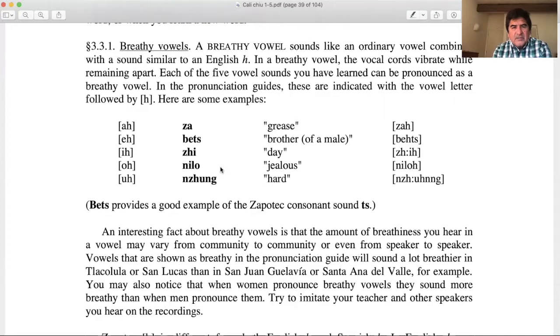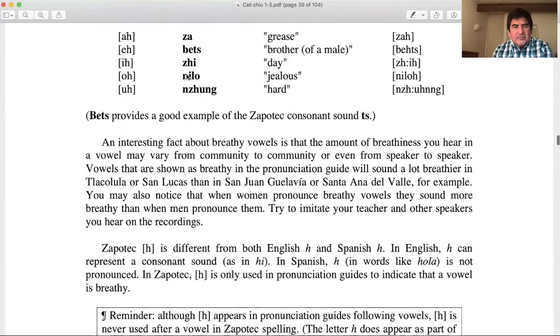Next, bets. Next, j. Next one, nilo. And the last one is njum. As you can see, this is an example for the A, E, I, O, and U breathy words.